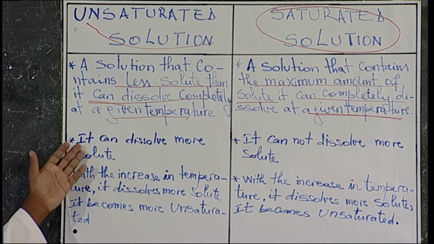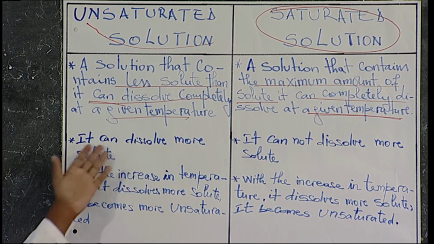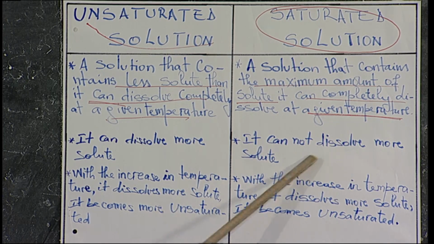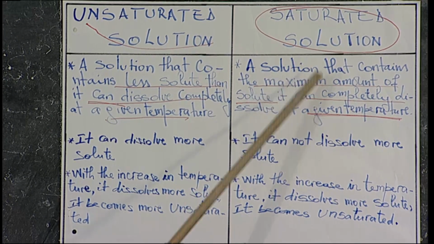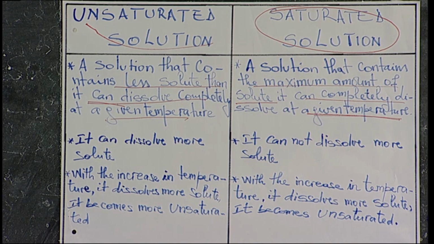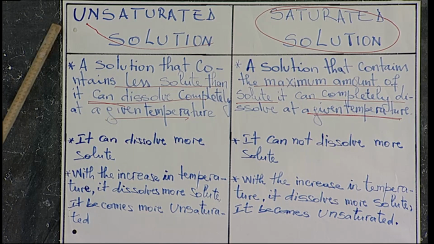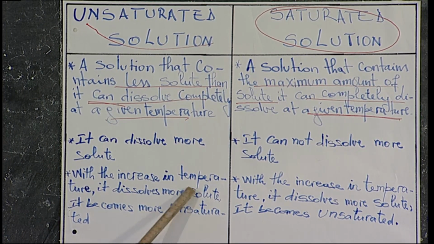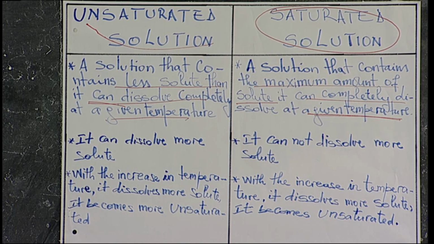If you add more solute in an unsaturated solution, the solute will dissolve. But if you add more solute in a saturated solution, it will not dissolve. In an unsaturated solution, when you increase the temperature, it will dissolve more solute.